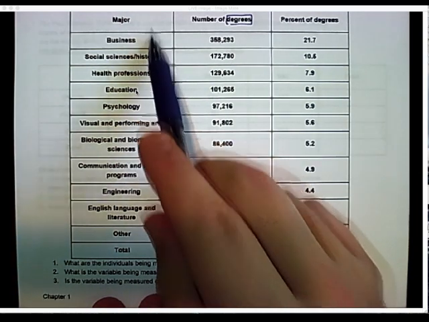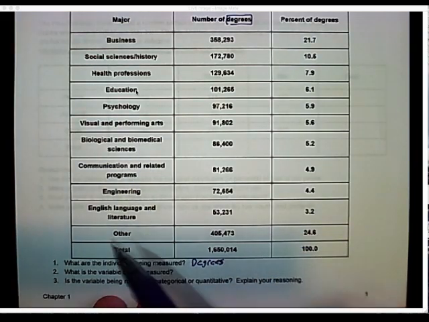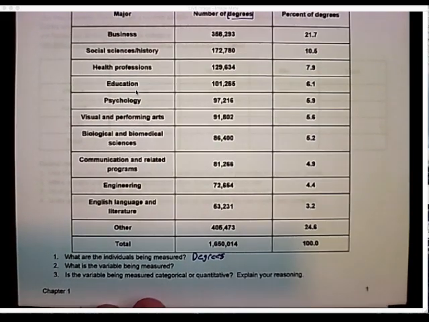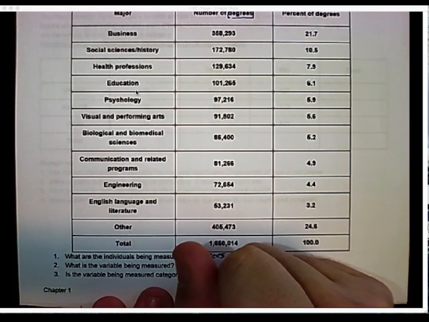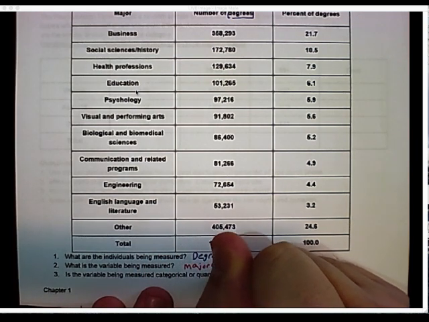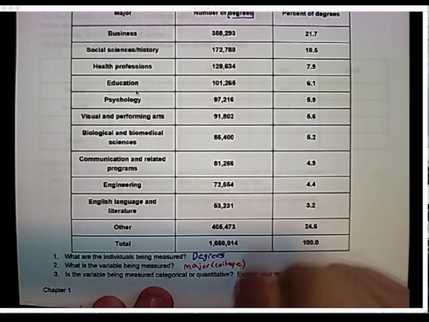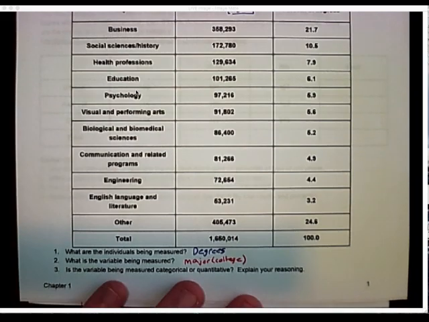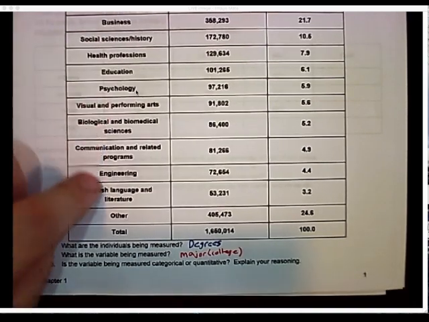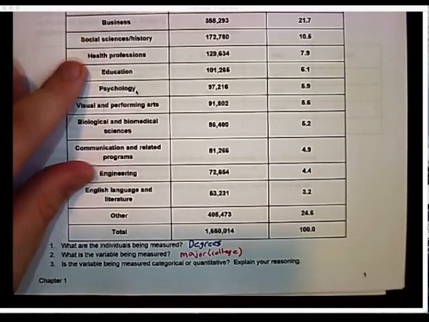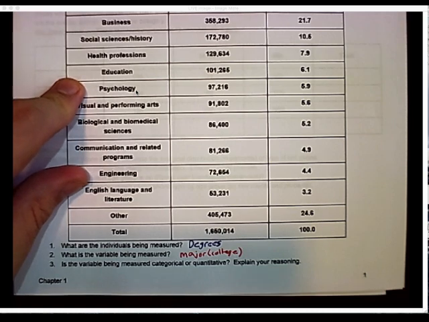So the variable that's being measured is the major, the college major that the degree was awarded in. So these things are definitely not quantitative. These are different categories that the degrees fall into.